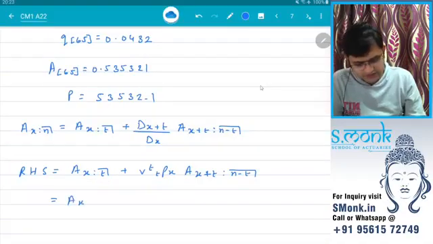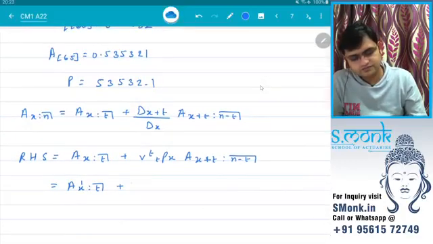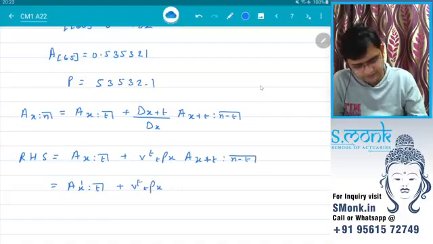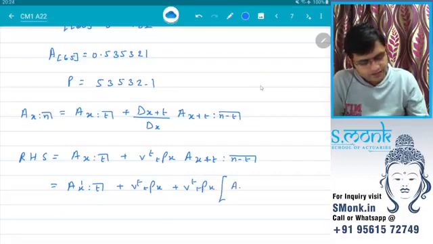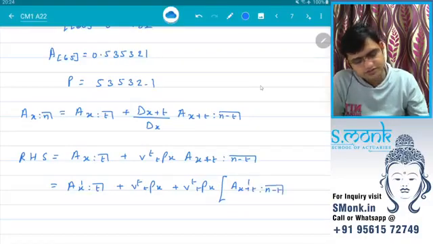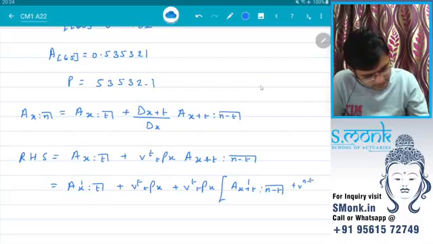So I'll have AX dash T plus V raised to T TPX plus V raised to T TPX into AX plus T dash n minus T, and then plus V raised to n minus T, n minus T P X plus T.